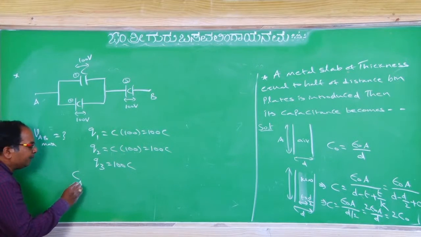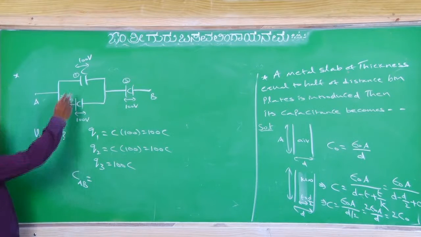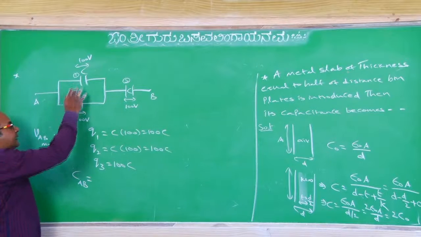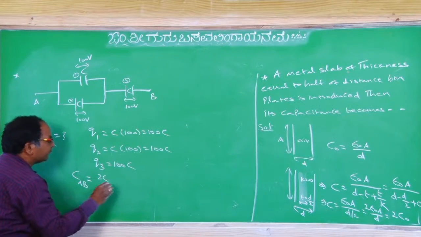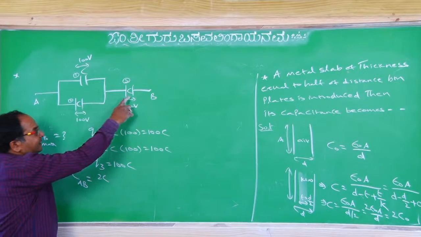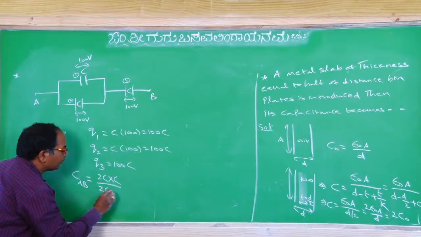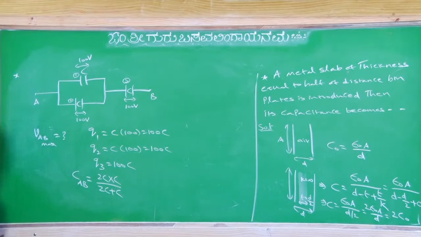So C_AB: here these two are in parallel to each other. In parallel combination, the effective capacitance is C1 plus C2, so here C plus C, 2C. That 2C is in series with C. So effective is 2C into C by 2C plus C. Is that right?